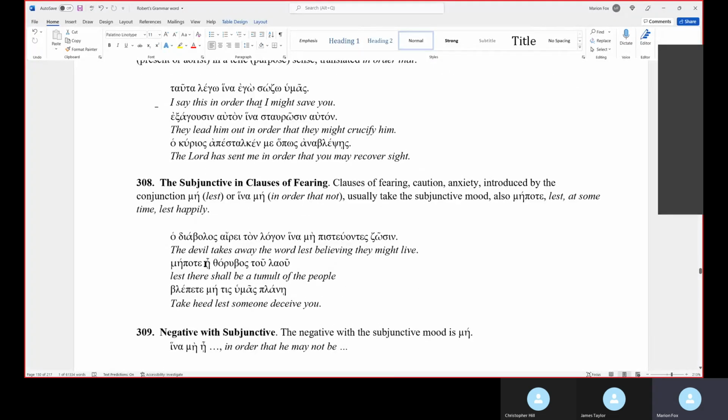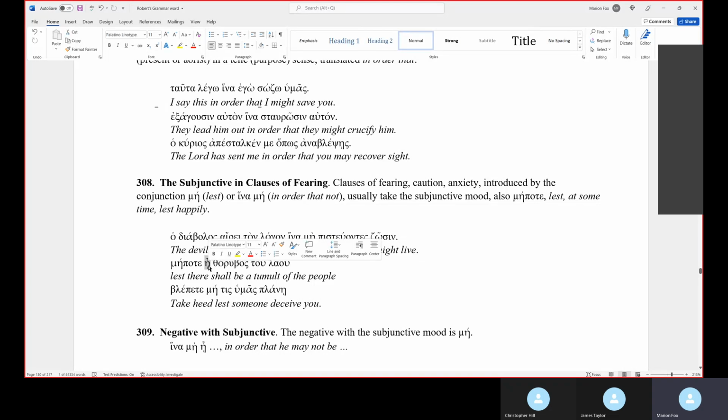Where was it? Right here, okay. Lest it should be, or it might be, thorubos, lest there should be a tumult of the laity, of the people.